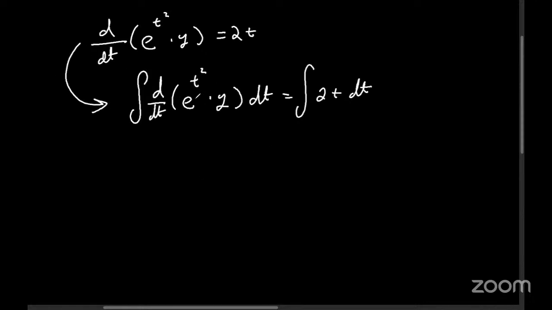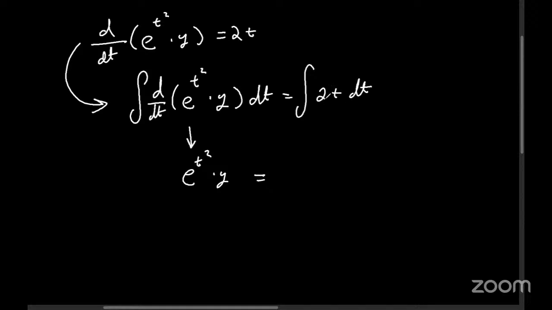So by the fundamental theorem of calculus, the derivative is being integrated with the same variable, so it's just going to pop out. So that's pretty cool. What about this right-hand side? We have 2t, so the t is going to get squared, and we're going to cut it in half, right?